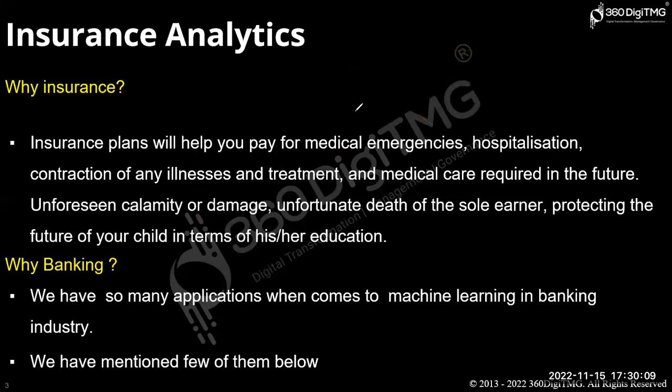So we can easily automate the whole process to avoid inconvenience for the customers. Hundreds of thousands of people will be applying for claims, so you can't go through each and every record, right? You can simply deploy the machine learning model for that.